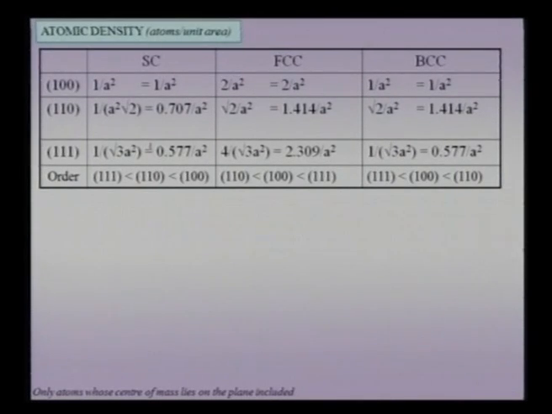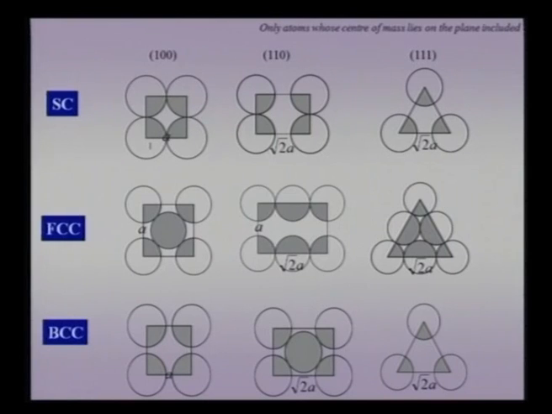Similarly, I can do my calculation for the FCC, again noting how atoms sit. So, this is the 100 plane in FCC, and you can see that it has the central atom plus 4 corner atoms. The 110 plane has a lot of space in the middle, and therefore, it has a lower packing fraction, and the 111 plane has the highest packing fraction, and you can see it is closely packed along the plane.